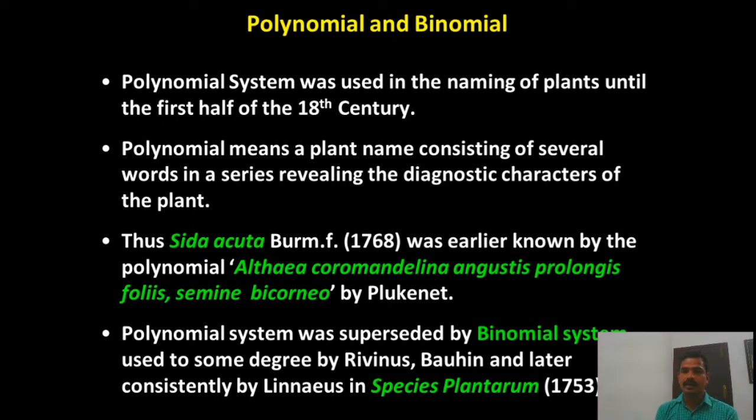until Linnaeus published Species Plantarum. It was used earlier by different workers, but it was used consistently by Linnaeus. Polynomial means a plant name consisting of several words in a series revealing the diagnostic characters of the plant.